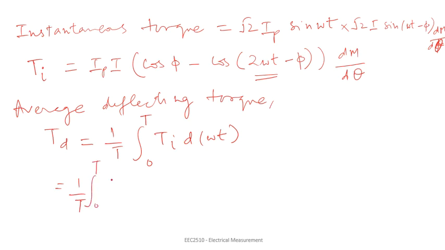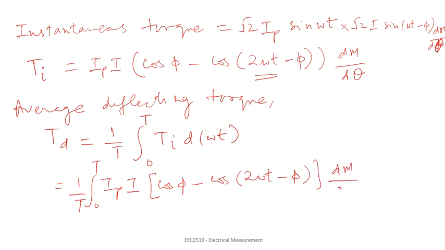So this will be Ip multiplied by I, cos phi minus cos of (2 omega t minus phi), dM over d theta, d omega t.